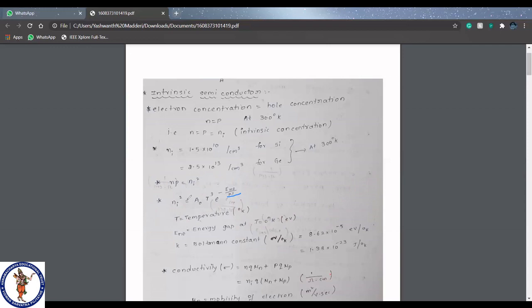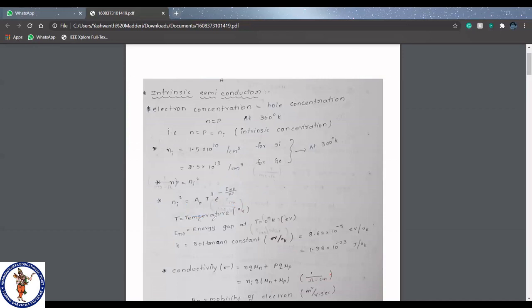Here, one point has to be clear: what does it depend on in temperature? You may think it depends directly on the temperature, a direct proportion, but that is not always the case, because there is one more temperature factor involved here, which is the exponential term.